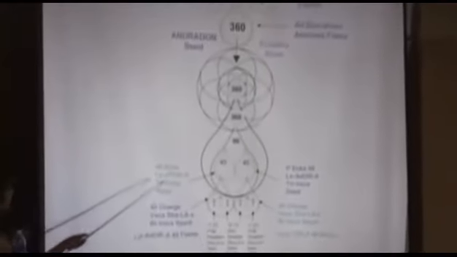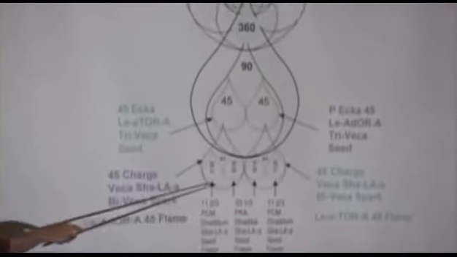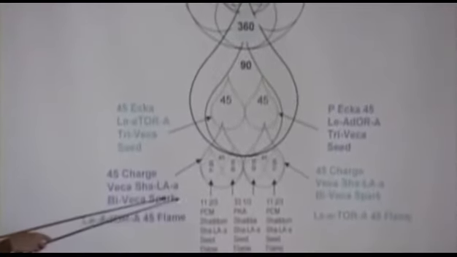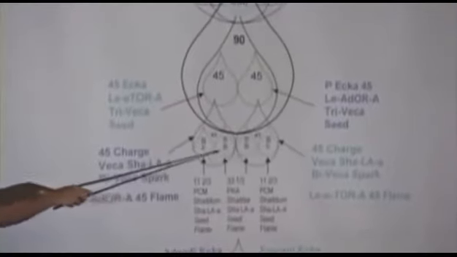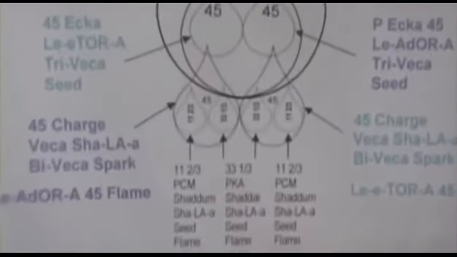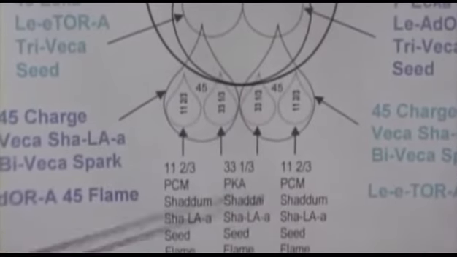And this is where you really start to get the flames splitting themselves down into the 11 and 2/3, 33 and a third part. So this is at the level of the Veka, and then we get down into the density levels.